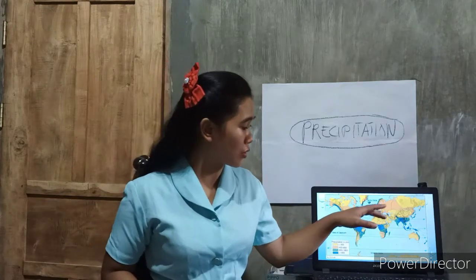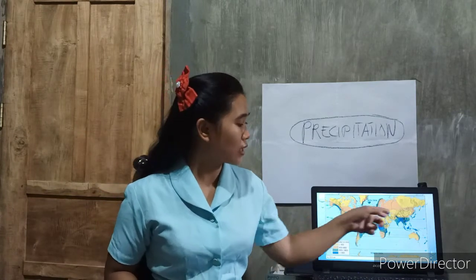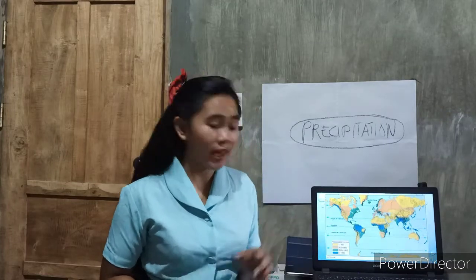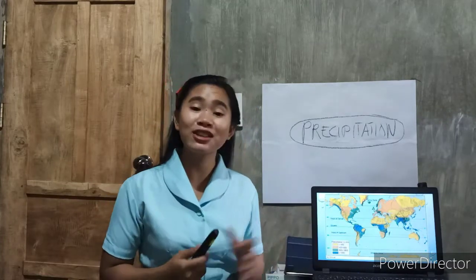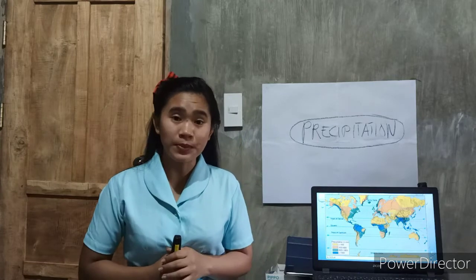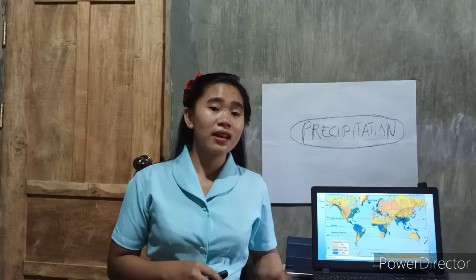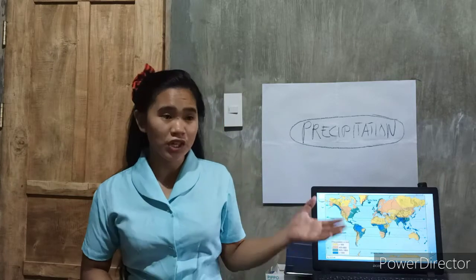In the subtropical regions, the most common colors that we see are yellow and orange, which signify that there is less precipitation. Now, why do you think the distribution of precipitation is like that?